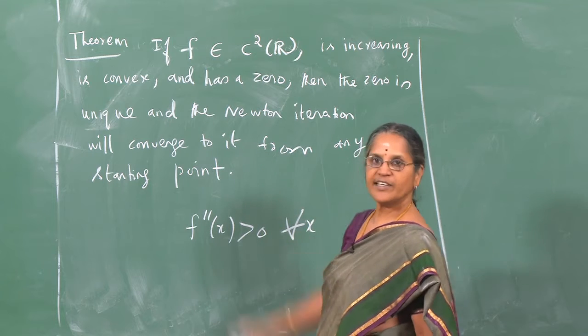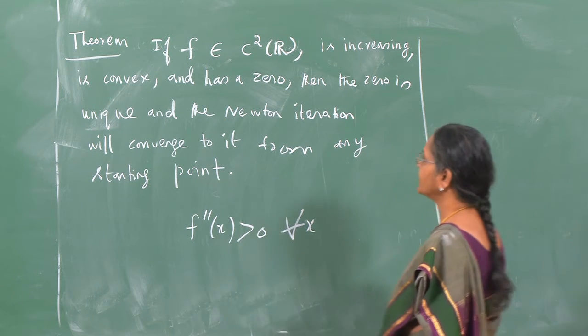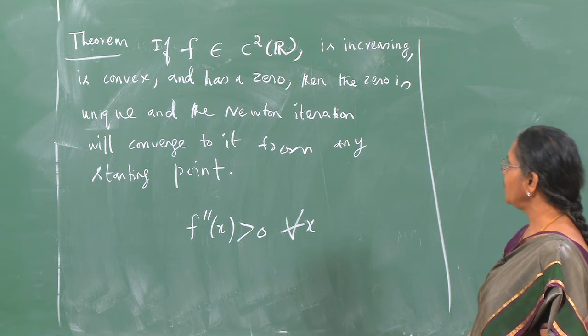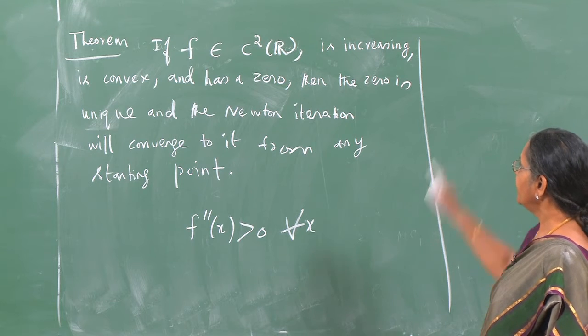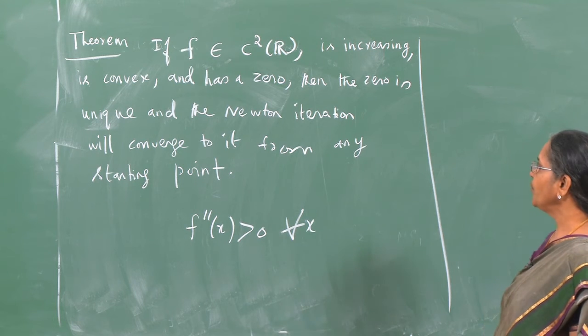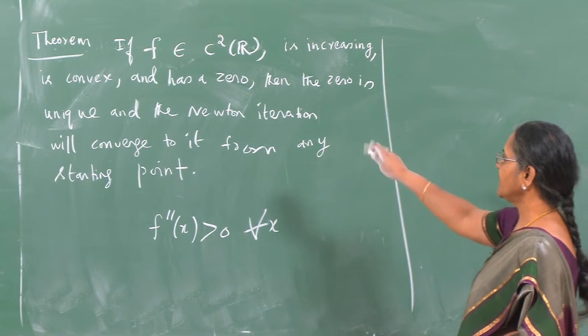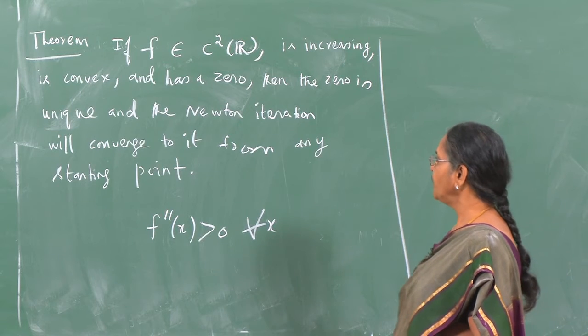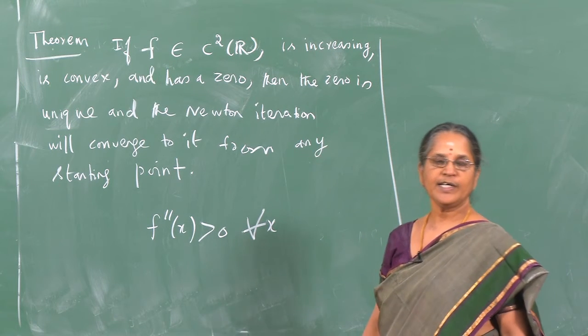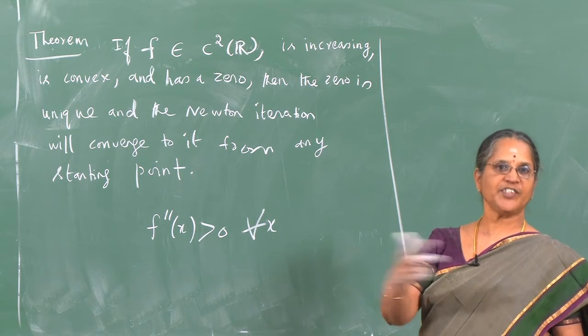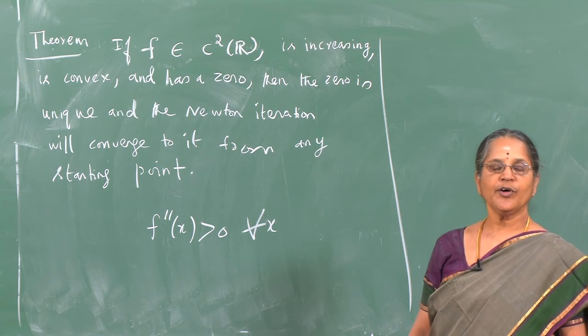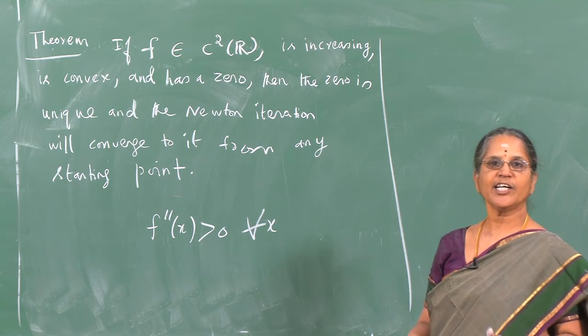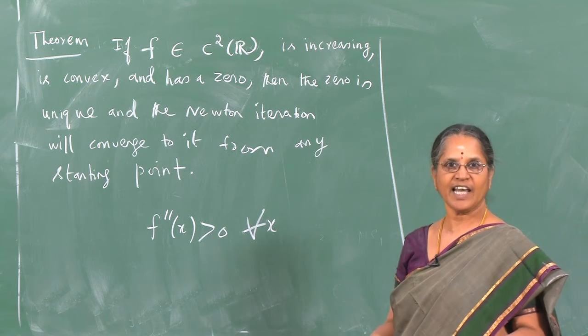So, if this condition is satisfied, so f is convex and it has a 0, then this 0 is a unique 0 and Newton-Raphson iterations will converge to this unique 0 starting from any initial approximation. So, this gives you the condition on the shape of the function f.